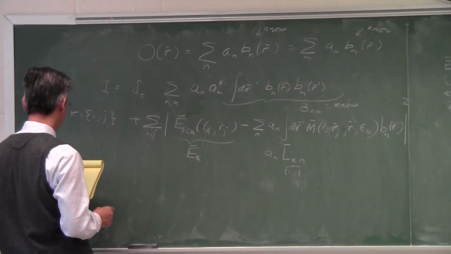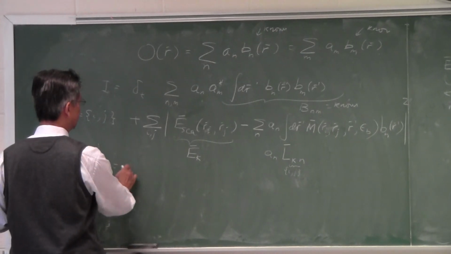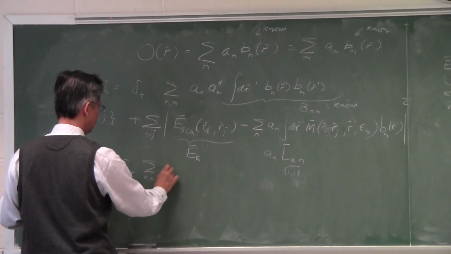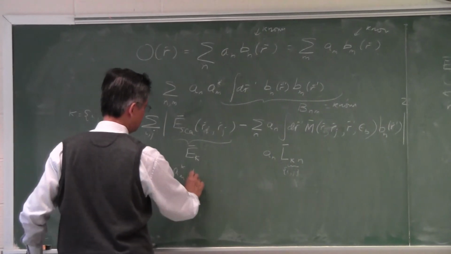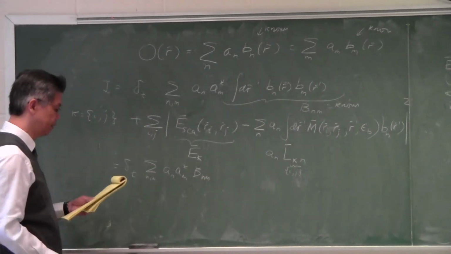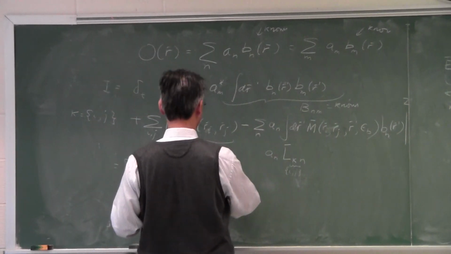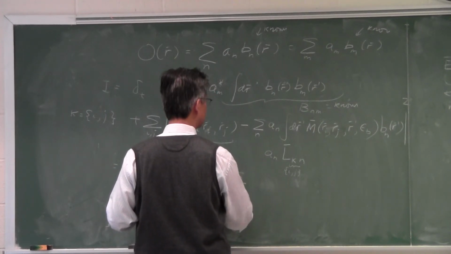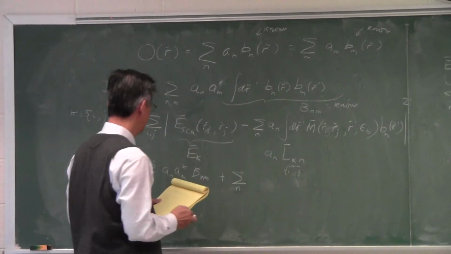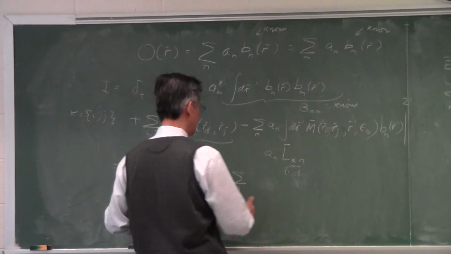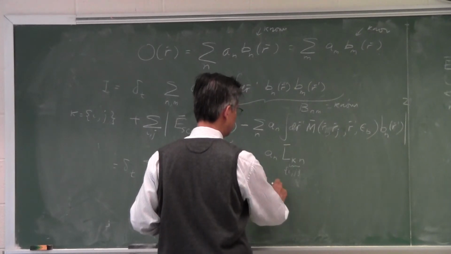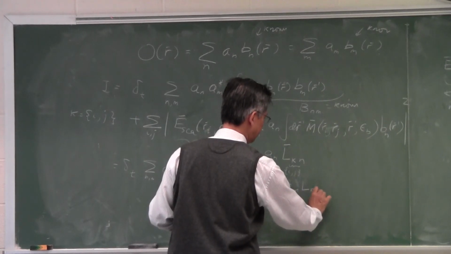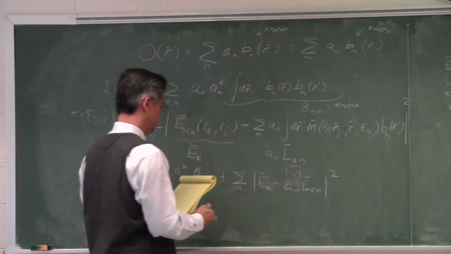And finally, the equation I have looks something like this. It's delta t, sum over n, m, a_n, a_n, b_n, n. That's the first part. And then the second part would be something like sum over n, E_k minus a_n L_kn.